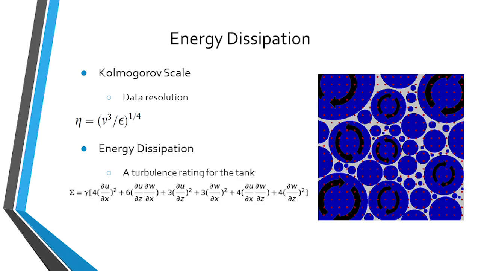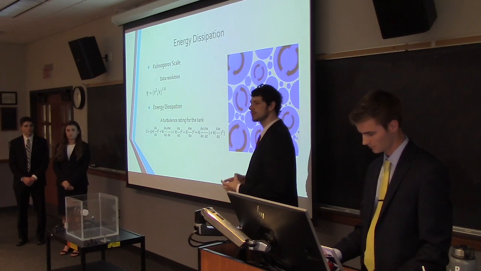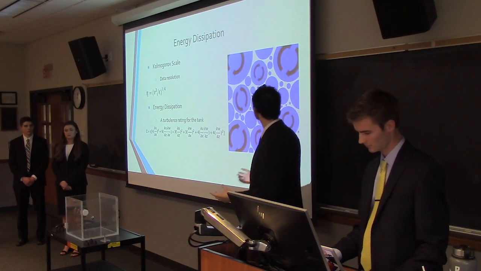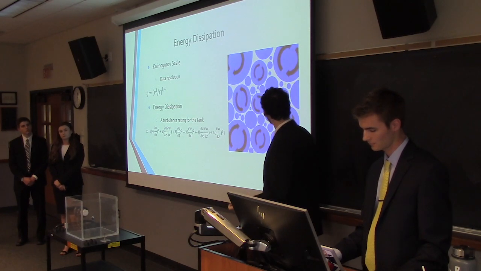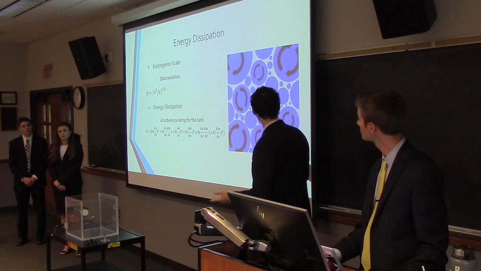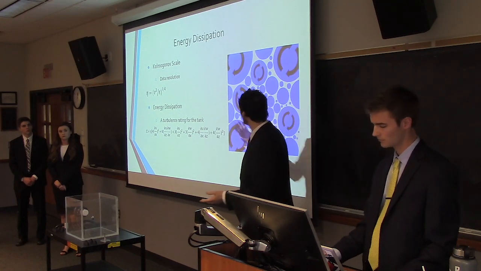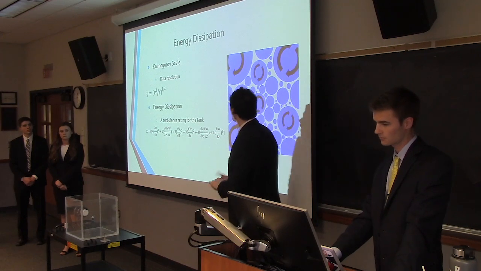All it is is the smallest size of little whirlpools in the flow. Turbulence is just a bunch of whirlpools in a flow, and they slow down and shrink to smaller whirlpools. The Kolmogorov scale is just the size of the smallest whirlpools.